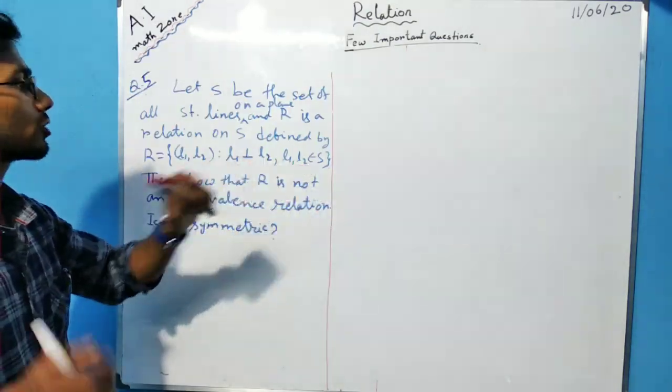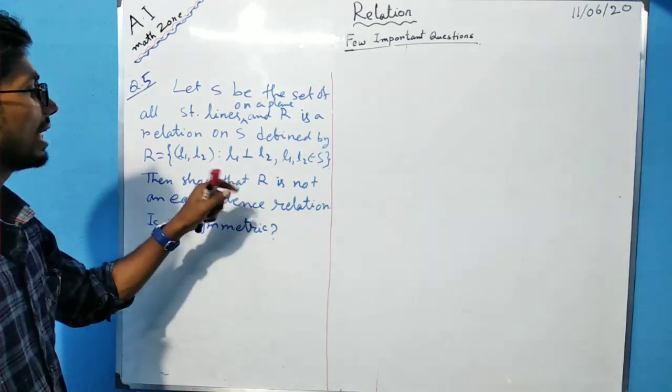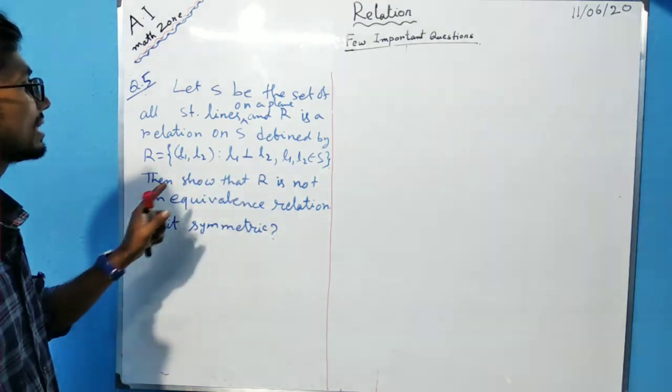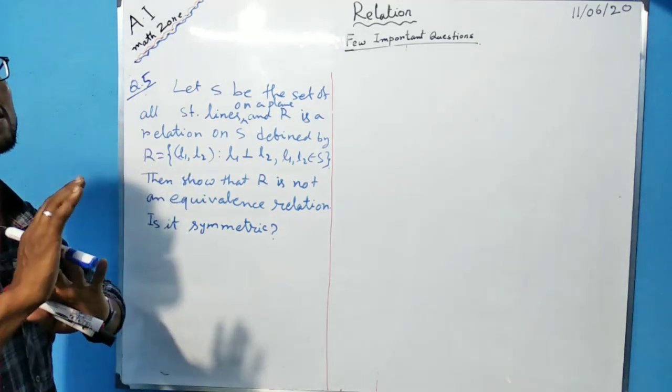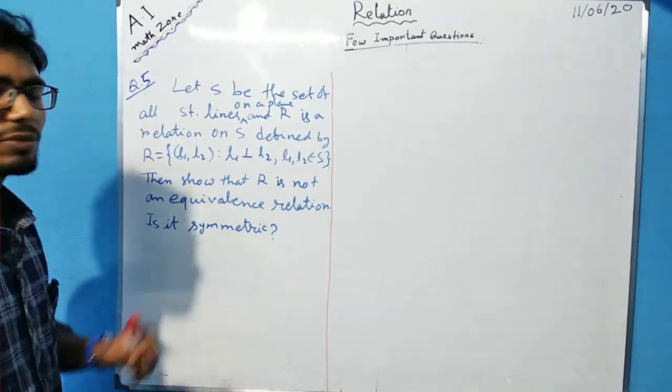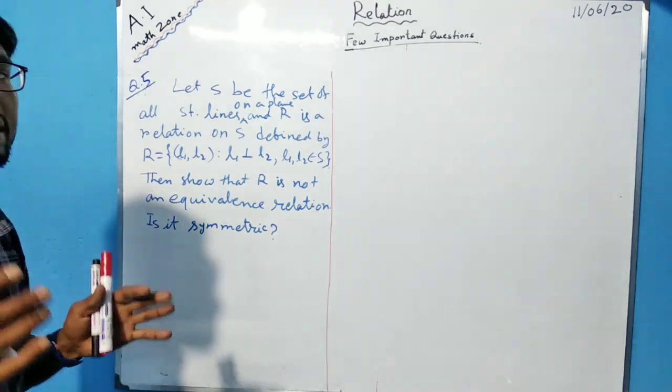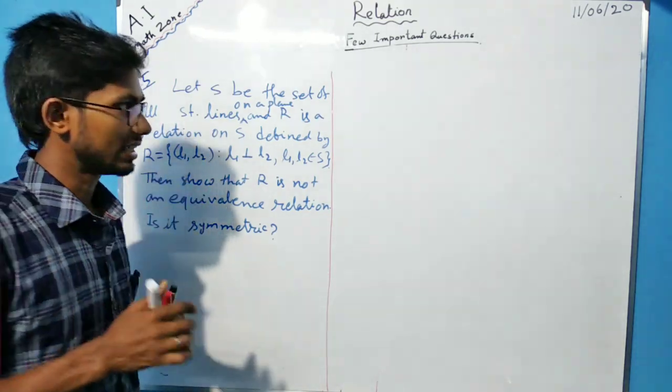(L1, L2) belongs to S, right? Then R is not an equivalence relation. तुमको प्रूफ करना है कि R equivalence relation नहीं है. Is it reflexive? R की reflexivity हम लोग टेस्ट करेंगे, right?